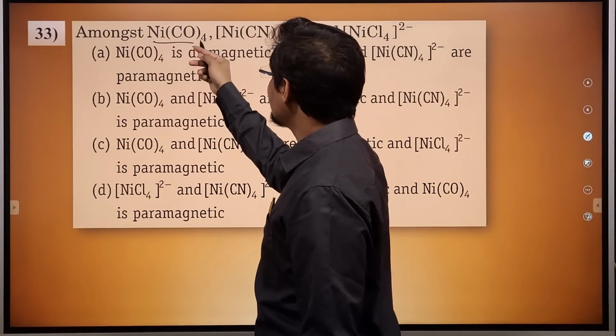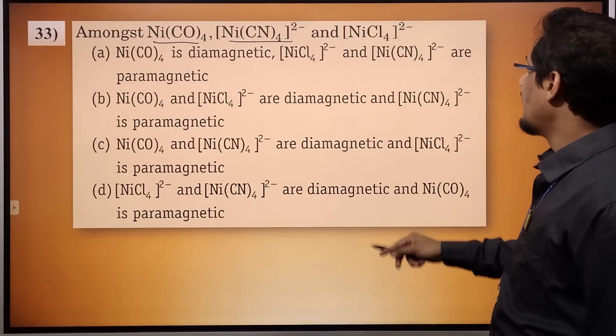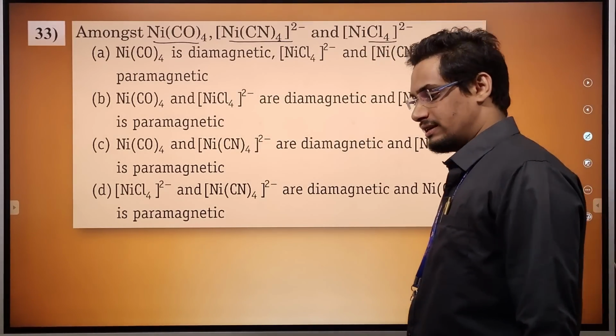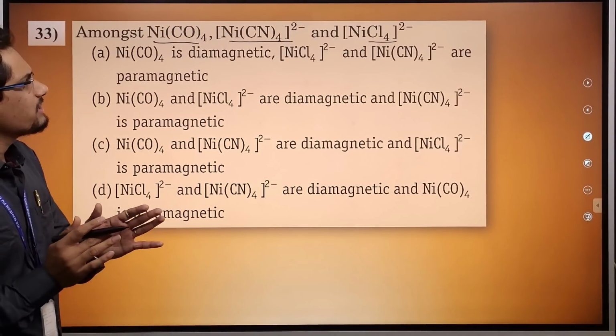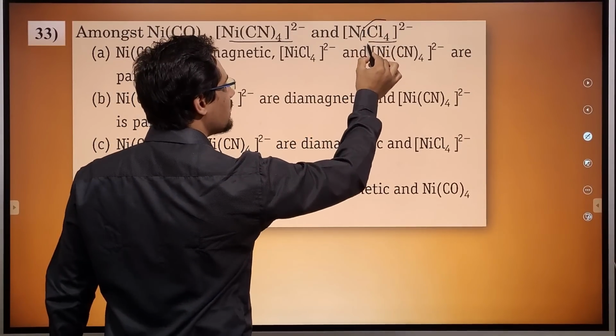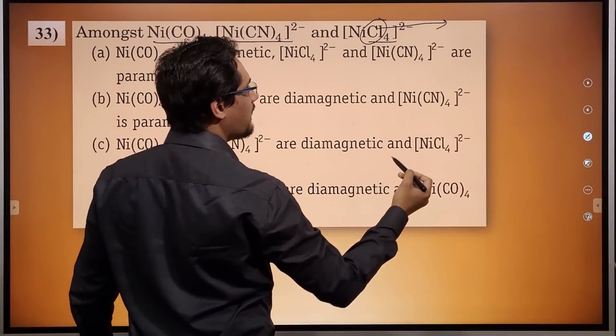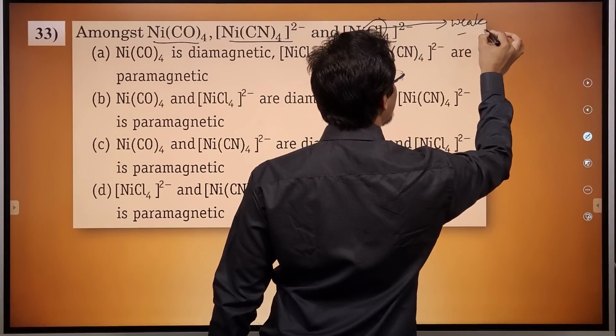Among nickel tetracarbonyl, tetracyanonickelate 2 and tetrachloridonickelate 2 complexes, see, we can go with an easy shortcut. In NiCl4, chlorido is a weak field ligand.